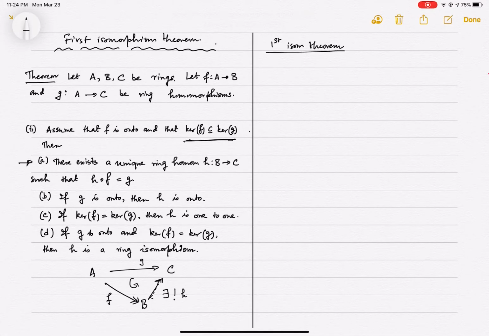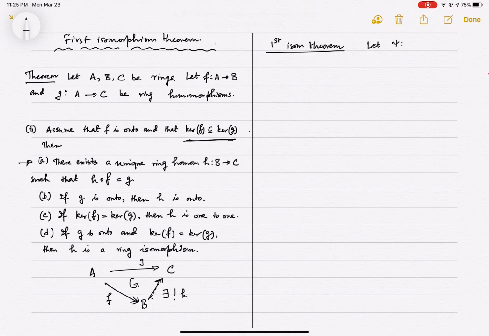All right, so now here's the first isomorphism theorem for rings. It's literally the same statement as you had for groups, except you want to change the words group homomorphism to ring homomorphism, and the kernels are now ideals rather than normal subgroups.